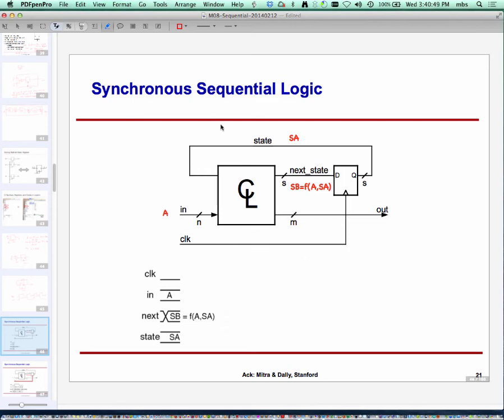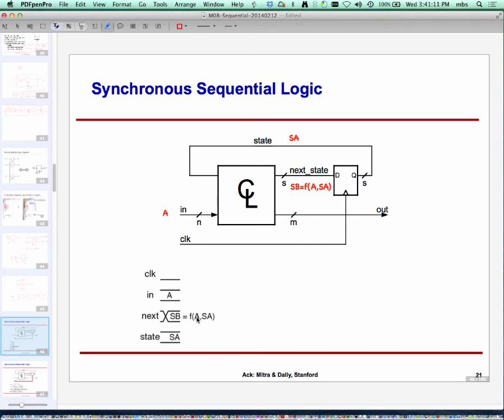This is how we are starting out. At the beginning, the S bits of flip-flop had the value SA in them, so the current state wires have the value SA on them. My input is A, and therefore my next state is a function of A and SA, which we call SB.